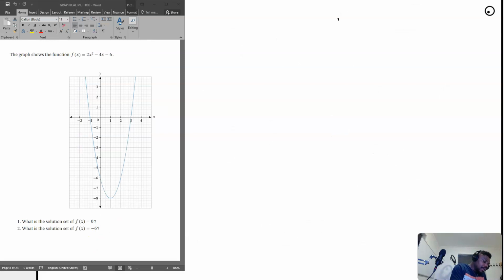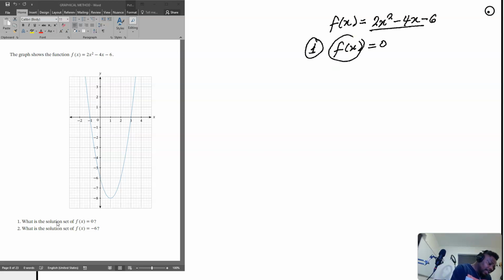Now this question, f of x is giving us 2x squared minus 4x minus 6. And they've given us the graph already. This is the graph. Now the first question says, what is the solution set of f of x equal to 0? What they are trying to tell us is that this f of x is this already.